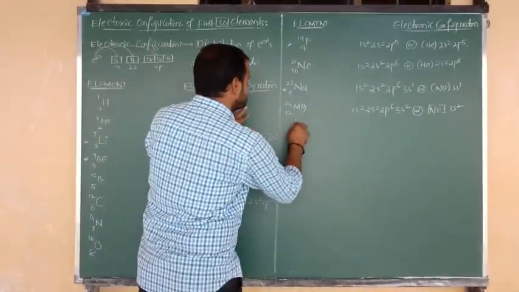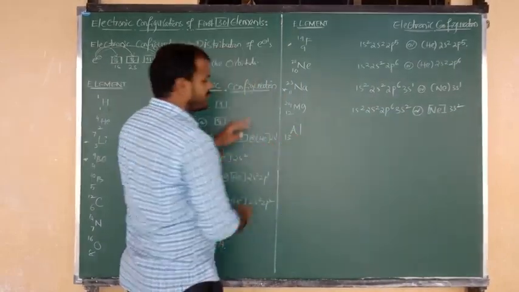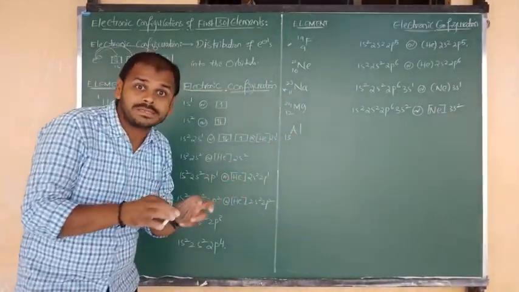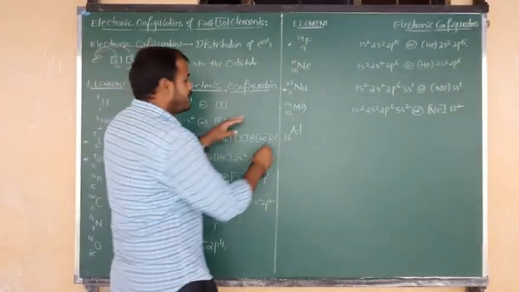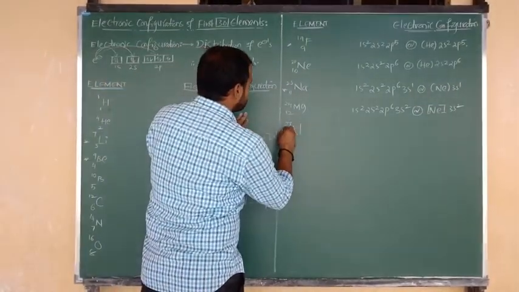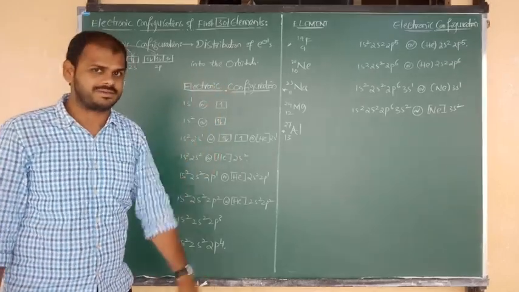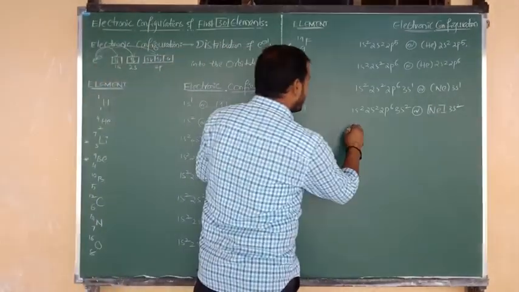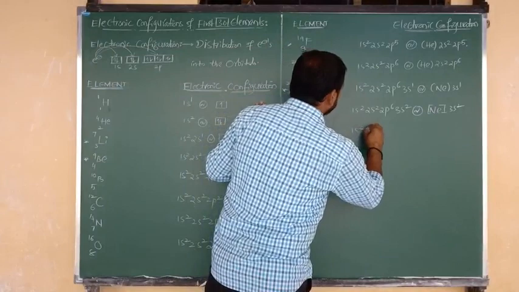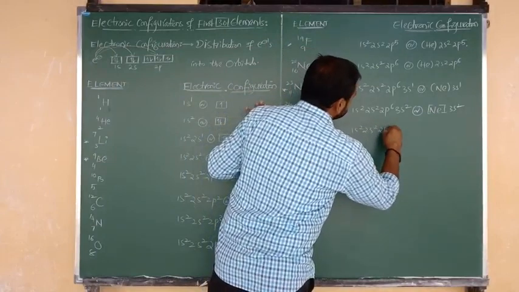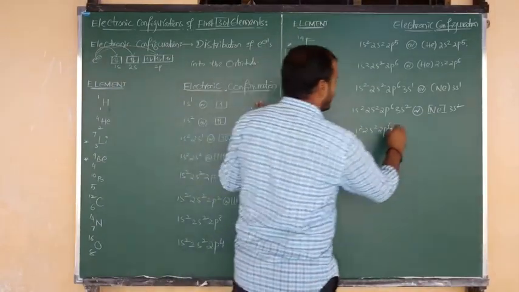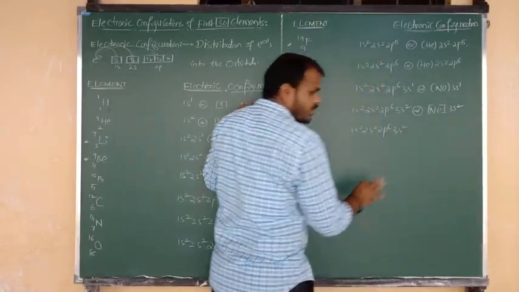Next one is aluminium. Aluminium's atomic number is 13, but the mass number is double plus 1 unit. Double means 26, 26 plus 1 is 27. Okay, good. So a total of 13 electrons are here. 1s2, 2s2, 2p6, same as before, 10 over. Next is 3s2, 12 over.